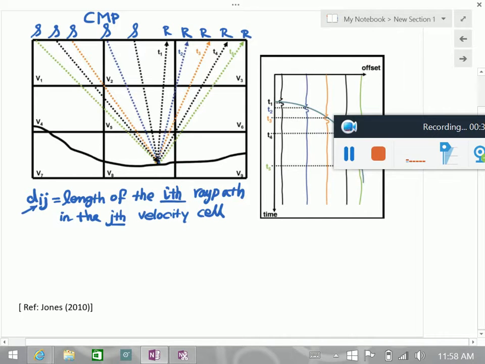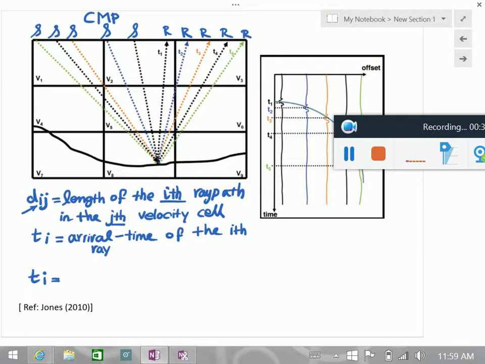Right? Ti is, so we have each color represents one ray path, right? Ti is the arrival time of the ith ray. So how can we relate Ti to the velocities? Try to write the formulas in a compact form.